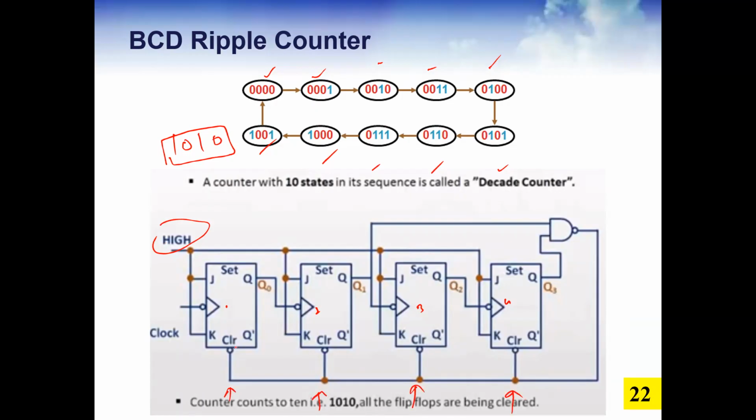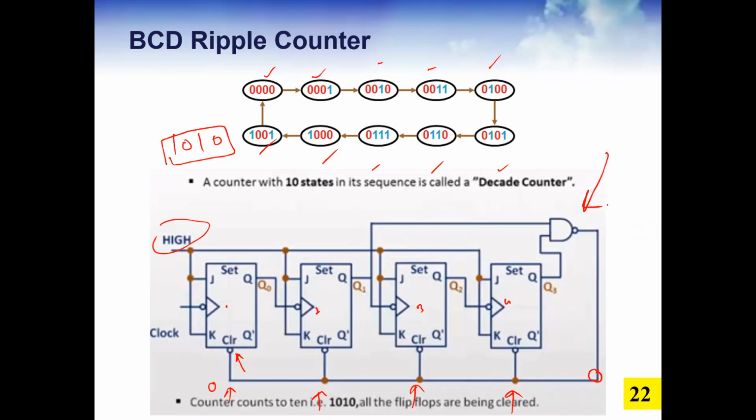So we have a clear control and a set control. We are going to use the clear control here, and we know that if this signal is 0, because it is active low as shown by the bubble, the flip-flop will be cleared. So we are connecting a common line to this clear control, and this is going to be controlled by this gate.